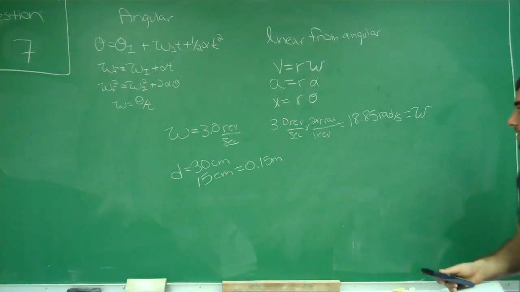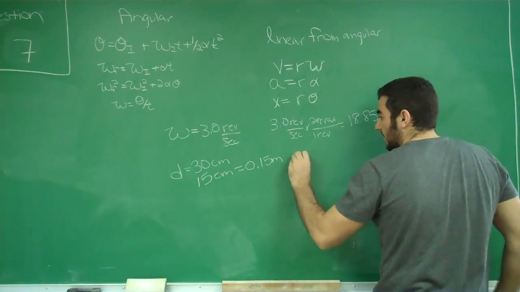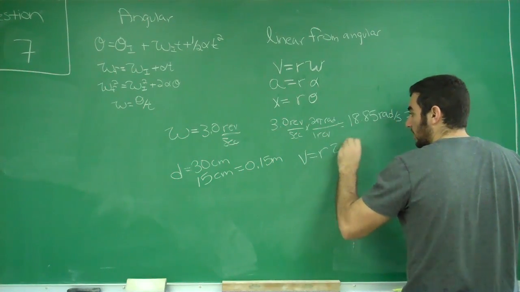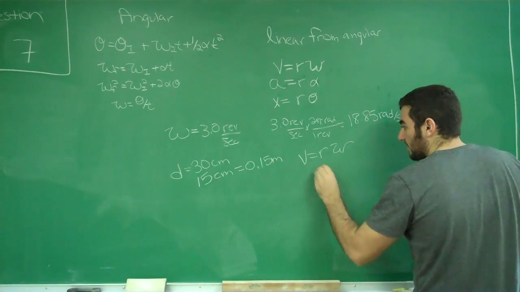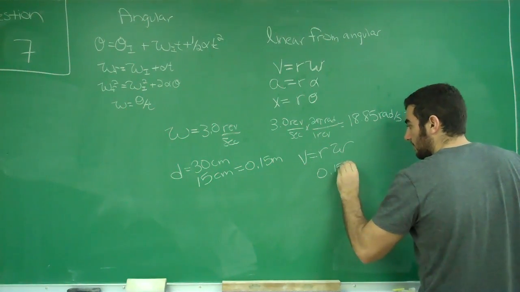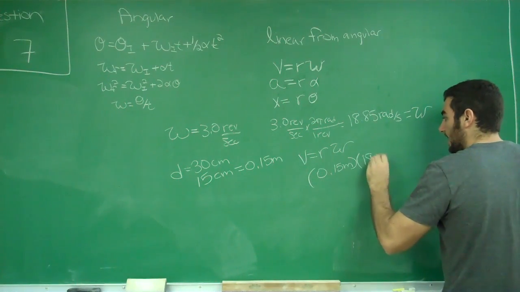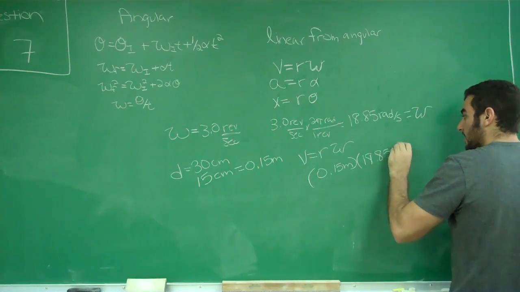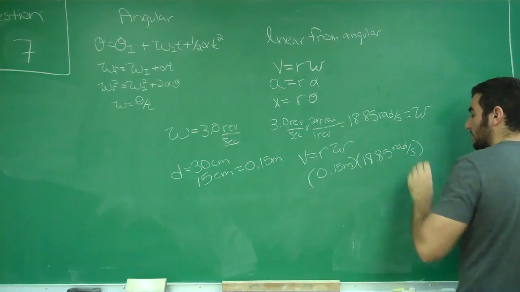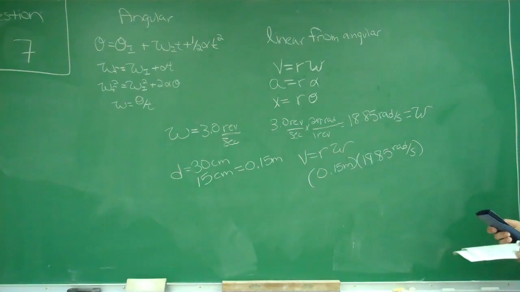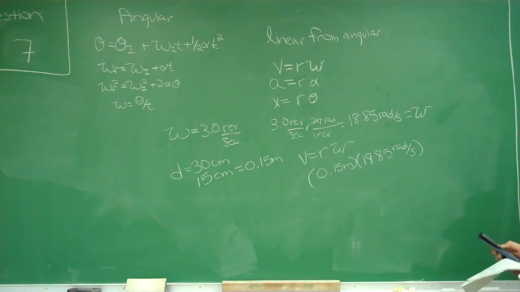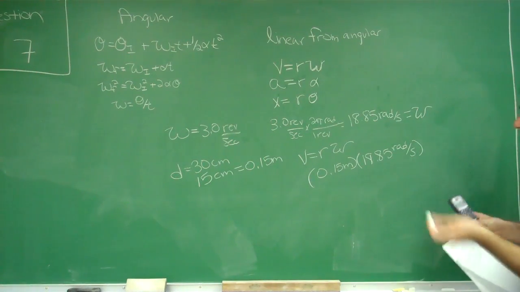Everything's still in SI units, so we use V equals RW, 0.15 meters times 18.85 radians per second gives you a velocity of 2.83 meters per second, which is answer choice 7, 2.8.